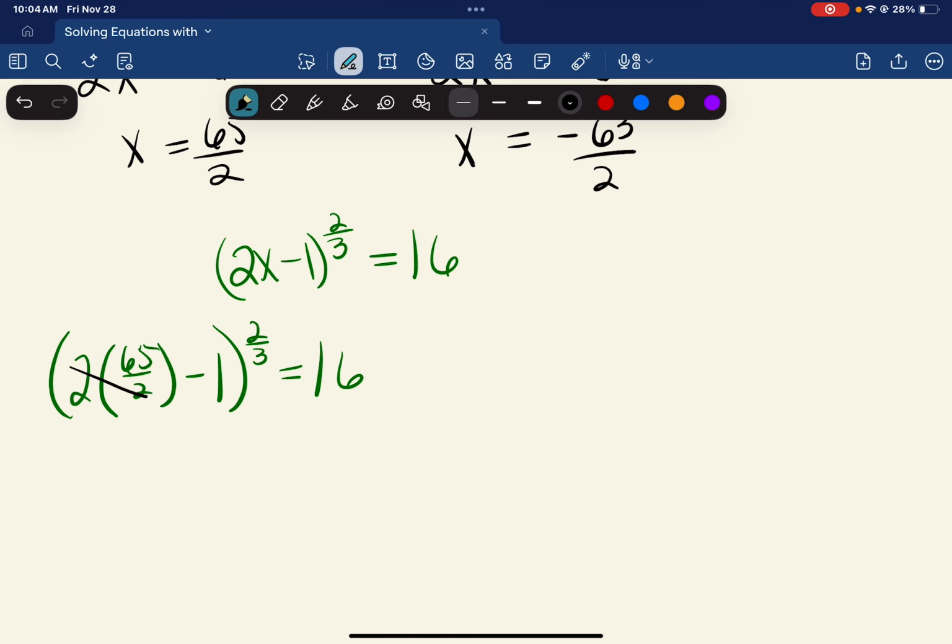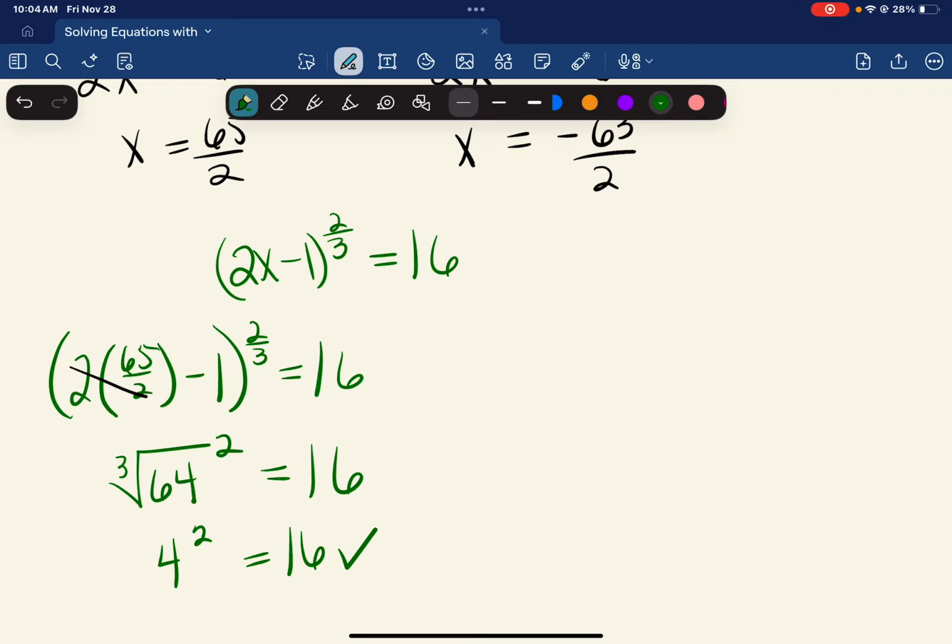So I've got 65 minus 1, which is just 64. So I have 64 to the 2/3 power. So the cube root of 64 squared should equal 16. Well, the cube root of 64 is 4. So 4 squared should equal 16, which it does.